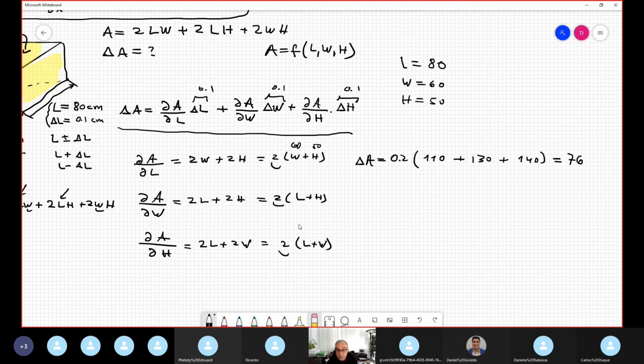And the unit of this, obviously, is centimeter square. This is the error.